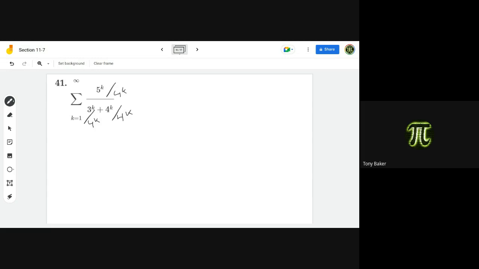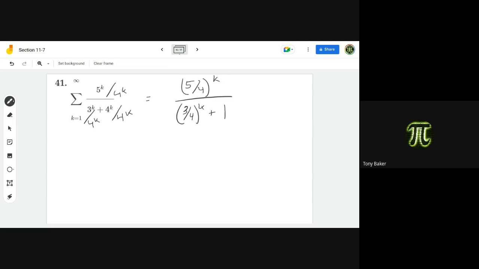It's not solving my problem, but it's allowing me to pull the k out, basically. So what this gets me is (5/4) to the k over (3/4) to the k plus 1. So it gets me fractions that I can now look at in terms of the geometric series and what they do.